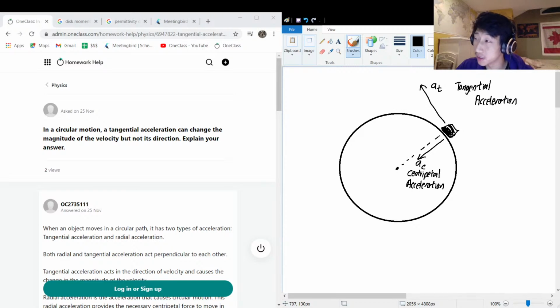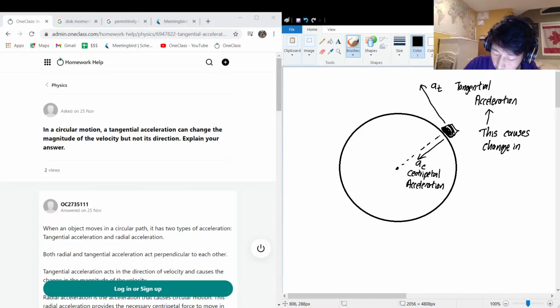It is what you would see on your speedometer, and it causes a change in velocity around the circle.